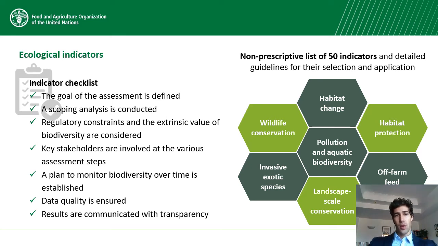And then there is a checklist that ensures that the procedure of assessment using those ecological indicators is robust. It's, for example, about defining the goal and the scope of the assessment, making sure that regulatory constraints on biodiversity are considered, but that the point of view of key stakeholders is also considered in defining conservation priorities, in selecting the indicators.